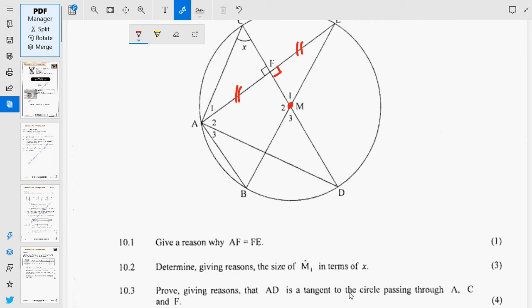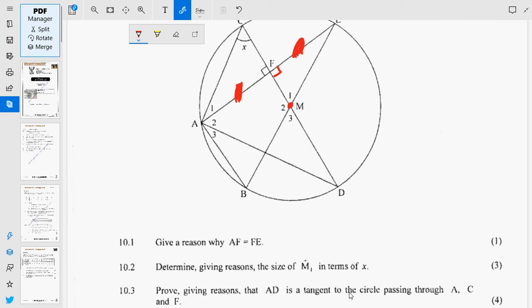So if you use theorem 1 of your Euclidean geometry, you will know that that line will bisect the chord. So if it's drawn from the center and it's perpendicular to the chord, it will definitely bisect the chord. So that's why these will be equal.